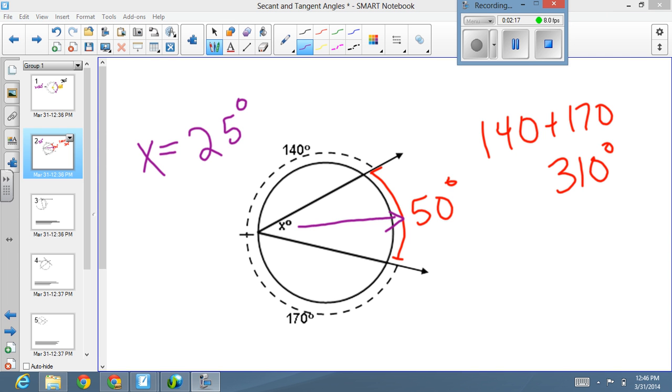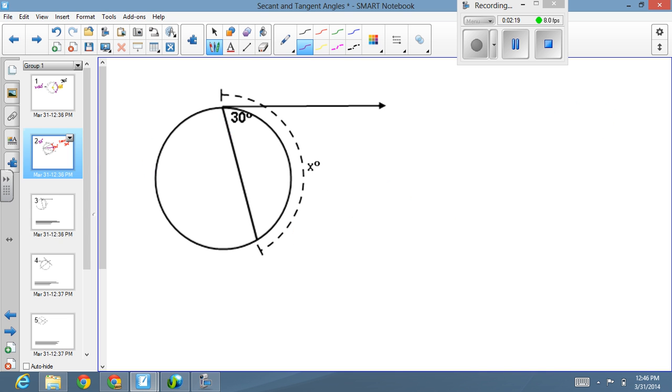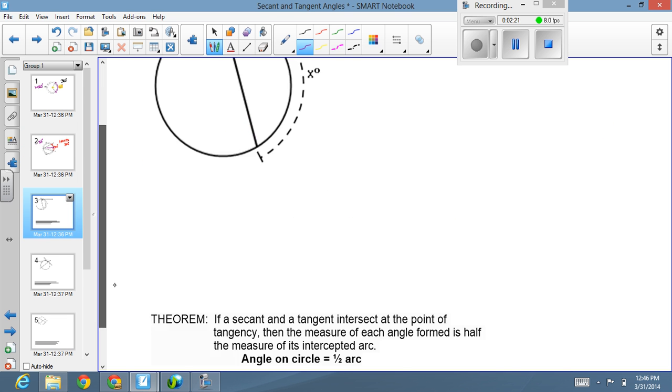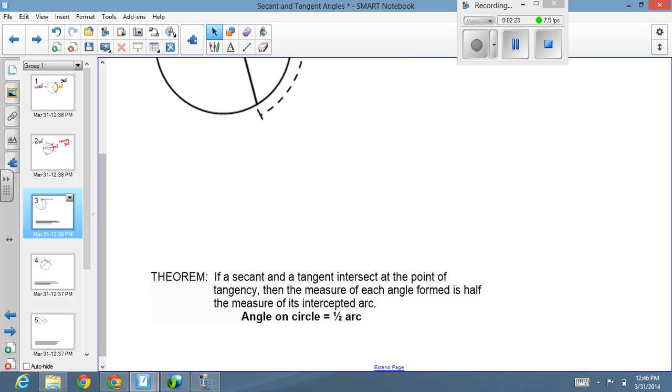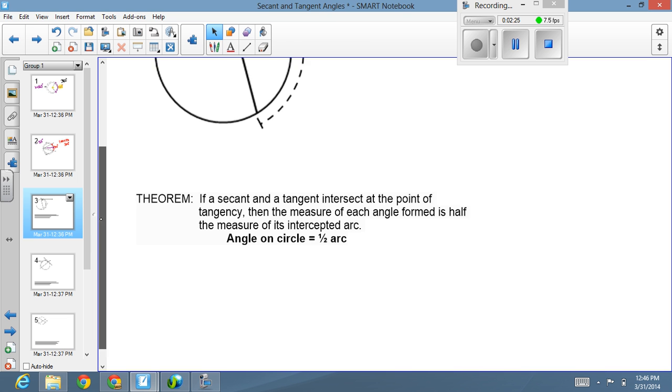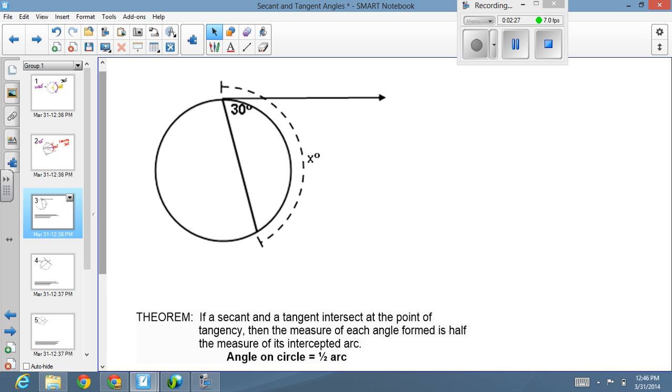Okay, so as we continue on here, I actually have that theorem written on this slide. Looks like it got slid down a little bit, so let me move it up so we can actually see it. If we have a tangent and a secant, first of all, as a little refresher, a tangent is a line that only touches the circle in one place, whereas a secant is a segment or a line that touches the circle in two places.